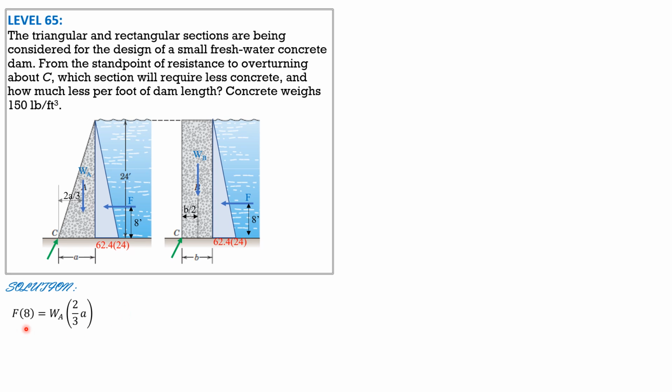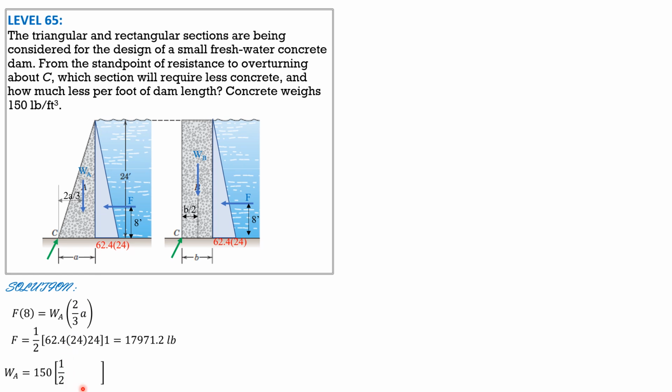Then F is 1/2 of the volume of the pressure diagram, so 1/2 of 62.4 times 24 times height 24 times perpendicular to the board 1 foot, so 17,971.2 pounds. And weight of dam A is the specific weight of concrete 150 times the volume of concrete per foot. So the volume of concrete is 1/2 of A times 24 times 1 foot.